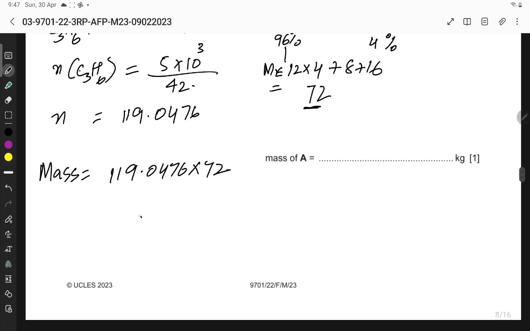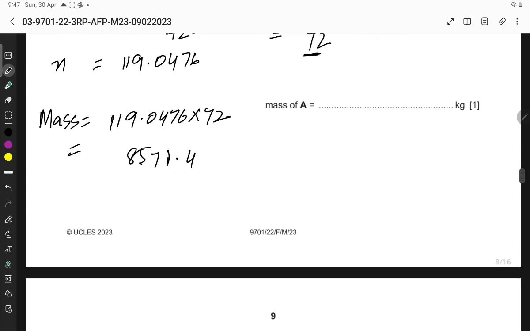So if 100 is equal to 8571.4, so if 100 contain 96, 8571.4 contain x. So this is 96 into 8571.4 divided by 100.